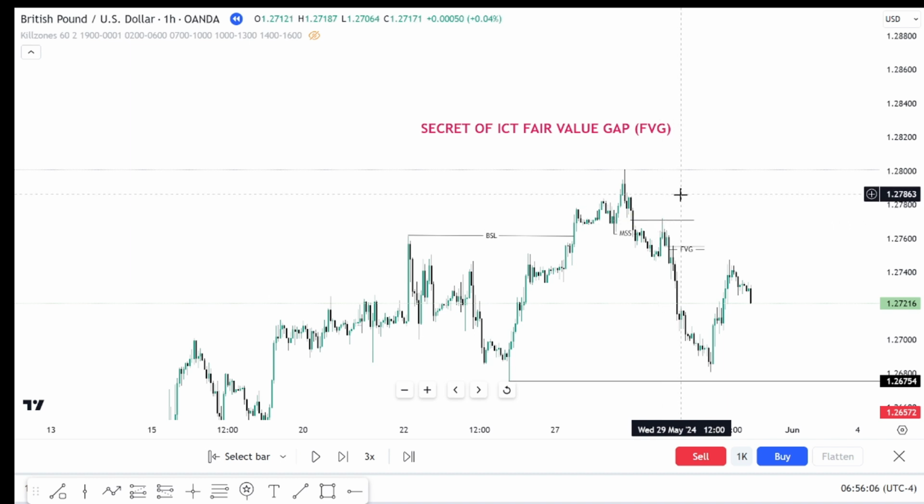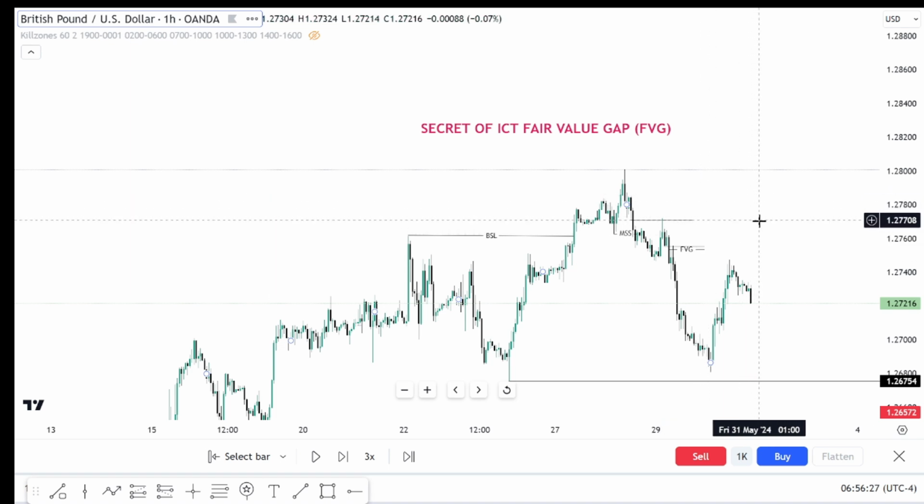My stop loss will be above this candle high, most of the time, to reduce my risk, because the risk will be much more if I place my stop loss above this. So I will most likely place my stop above this high. If this fair value gap is valid, there's nothing that will make price really take up this high.